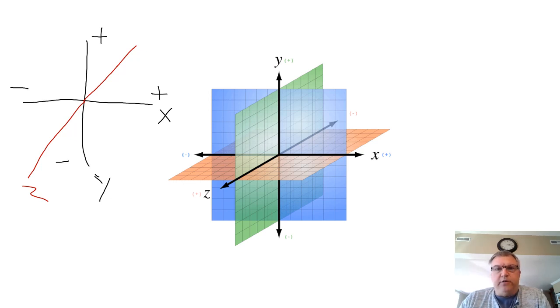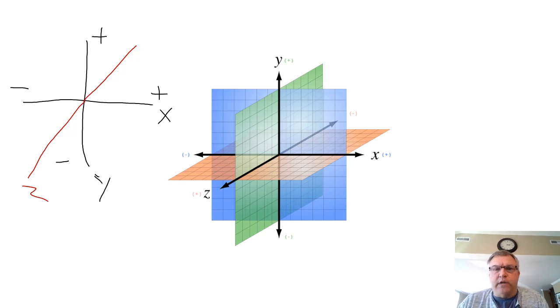And here's the picture that we had from that lecture way back in September. If you're looking at the screen or at a piece of paper, the z-axis is coming out of the screen or page, or into the screen or page.